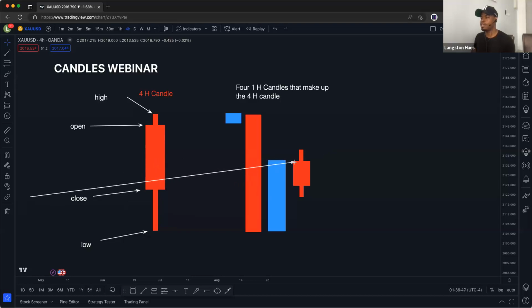And then you had this last 1-hour candle, bearish, that was able to create a little top wick, come down, create another bottom wick, but close right here, creating this closure for the 4-hour candle, right?